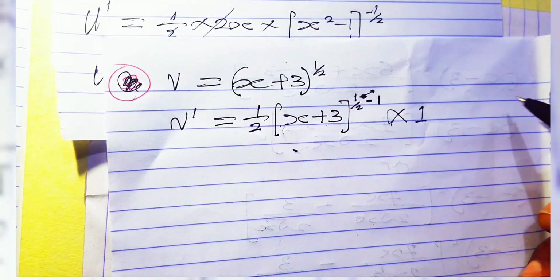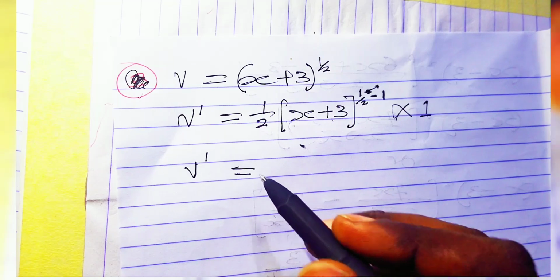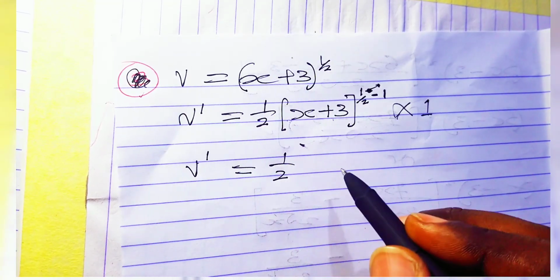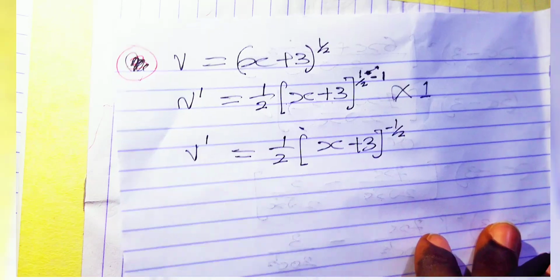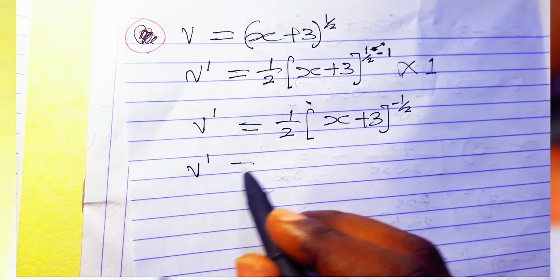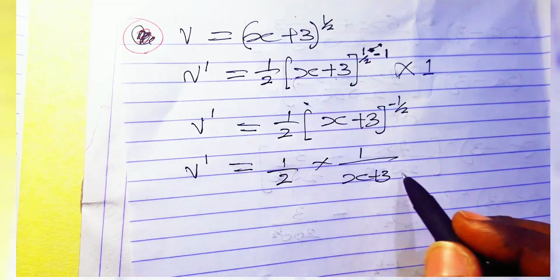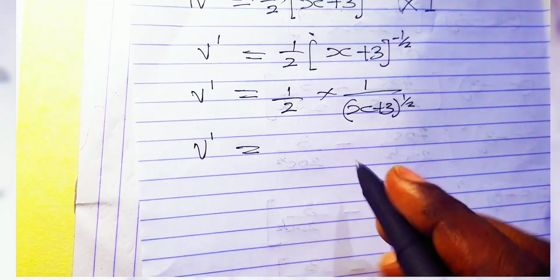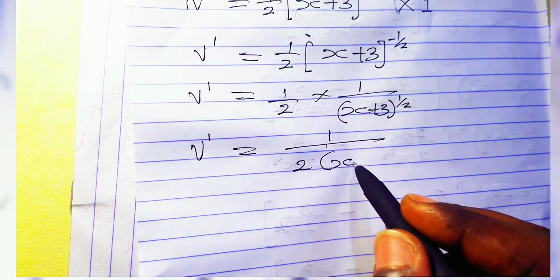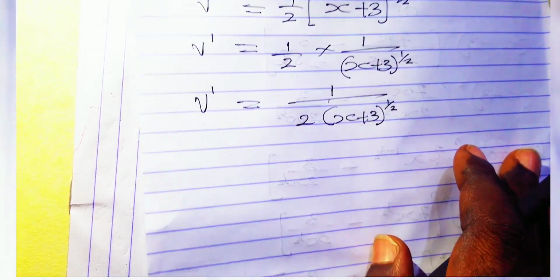So v prime becomes 1 over 2 times x plus 3 raised to the power of minus 1 over 2. If you write this very well, 1 over 2 times this becomes 1 over 2 times x plus 3 raised to the power of 1 over 2 in the denominator. And then we can go back to our product rule.